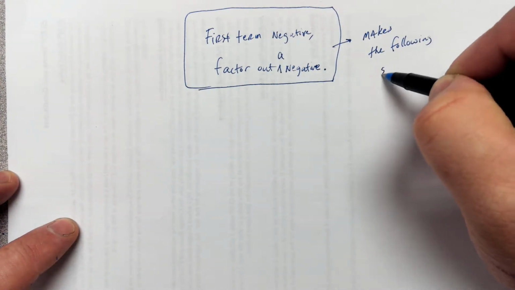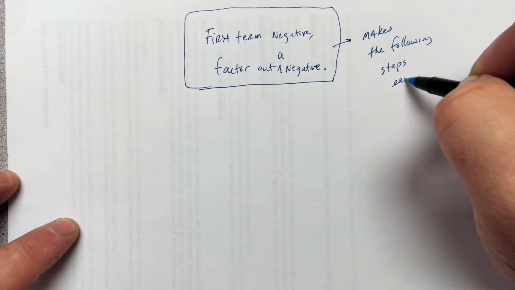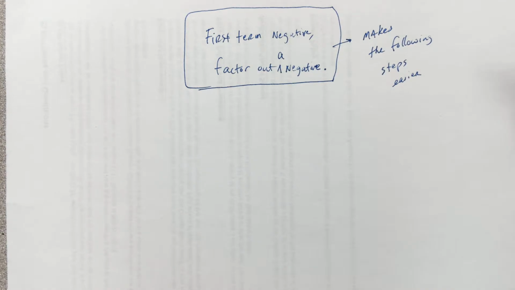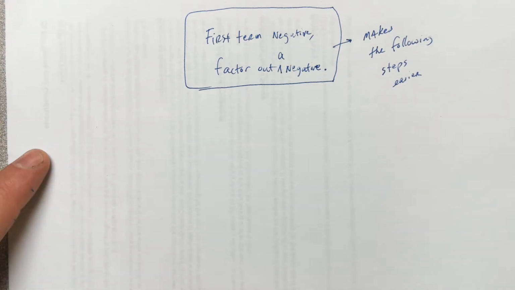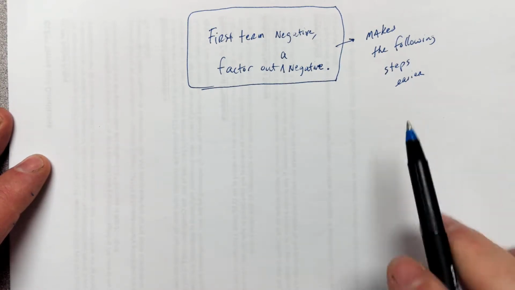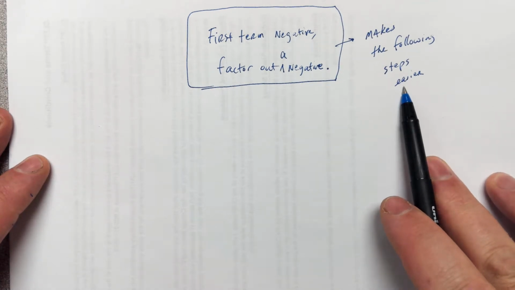We're not going to do those following steps yet today, but in the future we will. This will make your life easy. And it's kind of sad that our book has 105 problems for practicing factoring, and not one of them makes you do this. That's crazy.